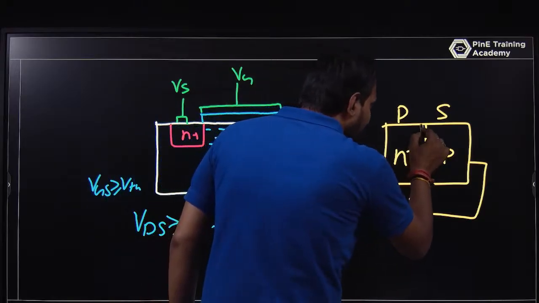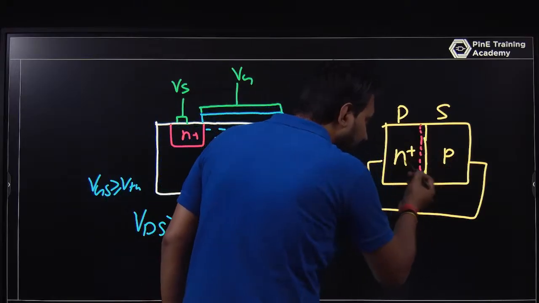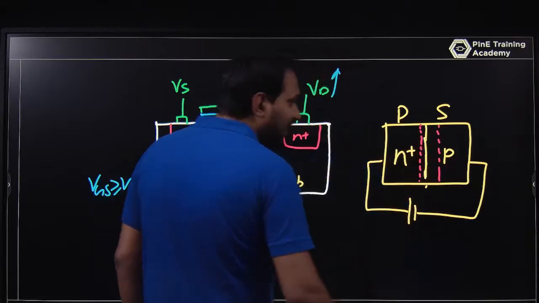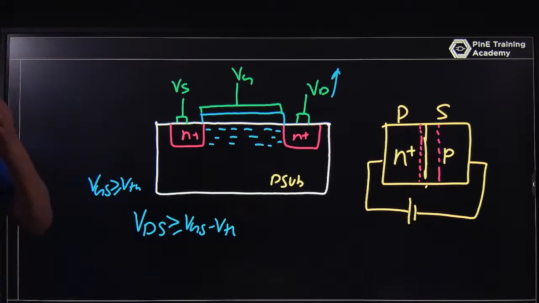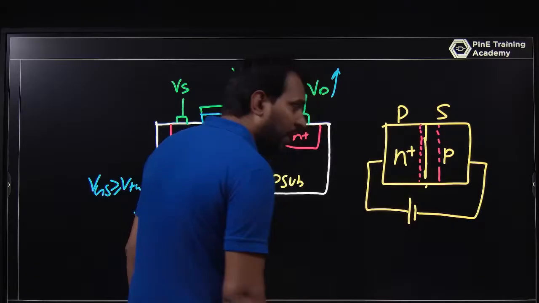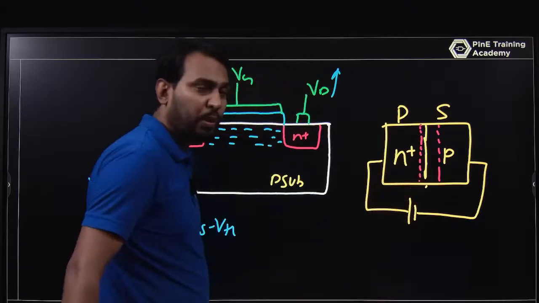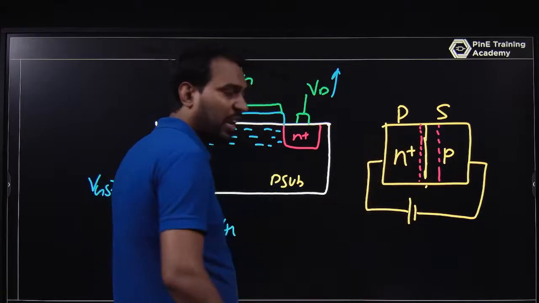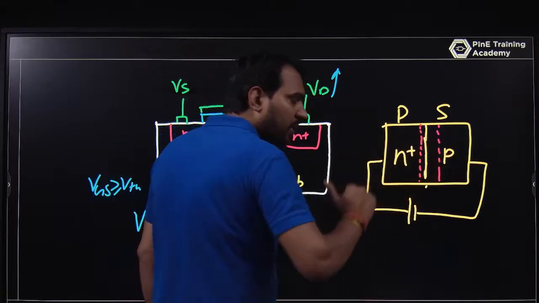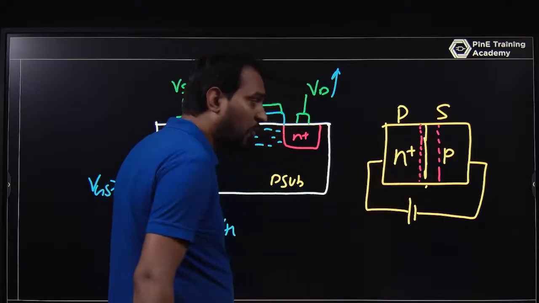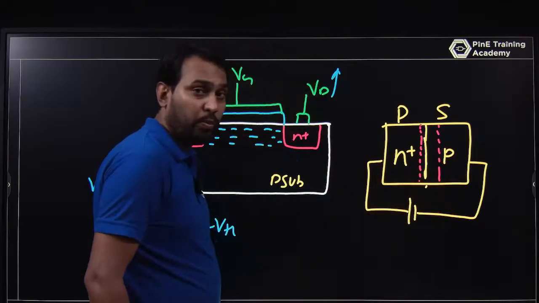The depletion region is shifted less towards the N plus side, but it is shifted higher towards the right side. Just think in a way, you have two rooms. In one room you have thousands of people and in another room you have 100 people. The majority concentration of electrons is higher compared to the majority concentration of holes.